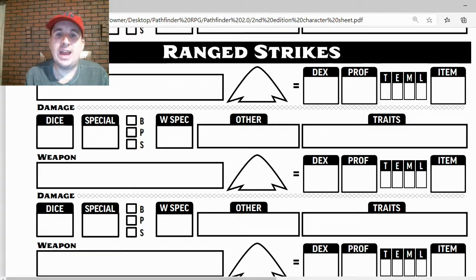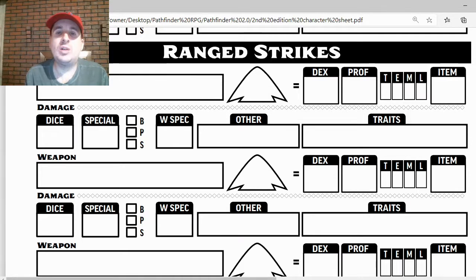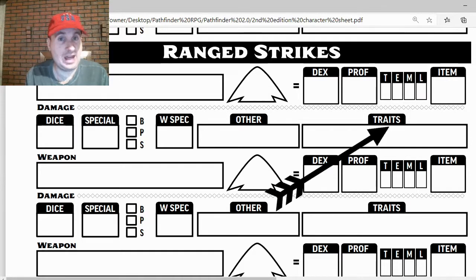For your damage, it's just your damage dice, which will again depend on the weapon. Ranged strikes can also do bludgeoning, piercing, or slashing damage. You also want to put any traits that your ranged weapon has in this section as well.